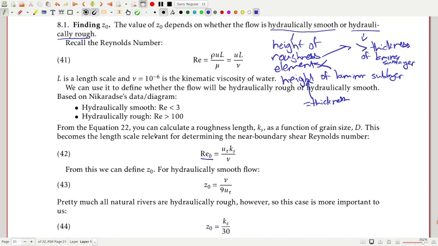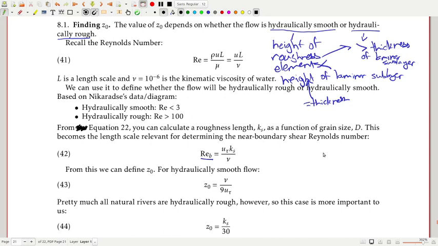And based on the equation 22, from equation 22, you can calculate a roughness length, Ks, as a function of grain size, d.